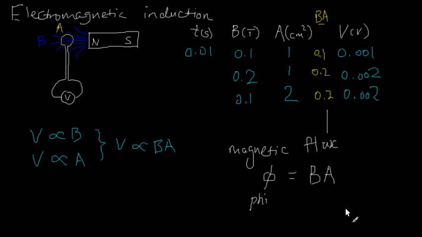Now it's useful to think of this physically. The word flux is kind of related to the word flow. It gives us a sense of something which is flowing, which is moving in some direction.